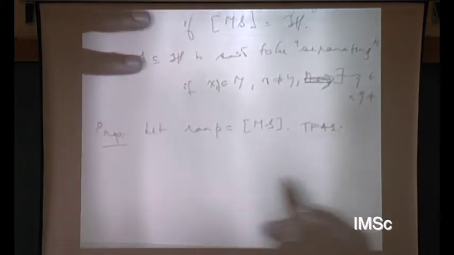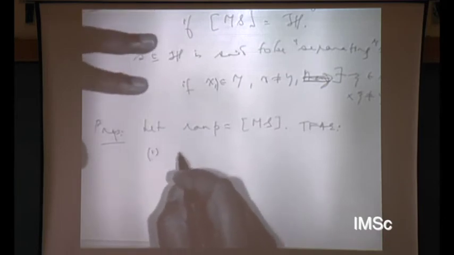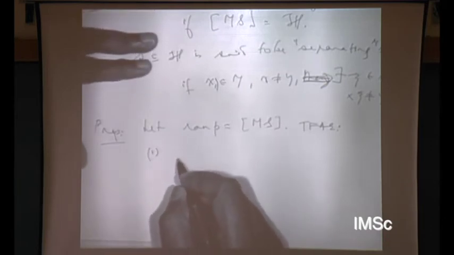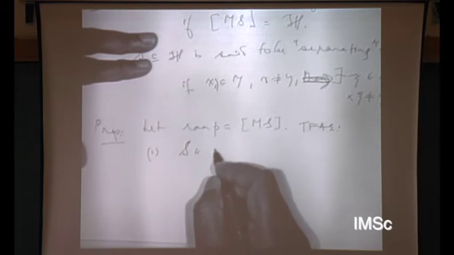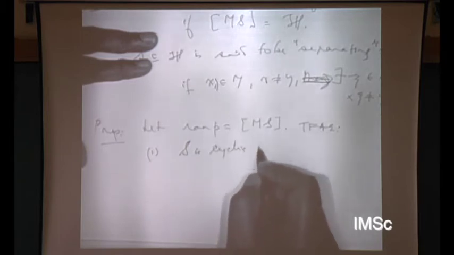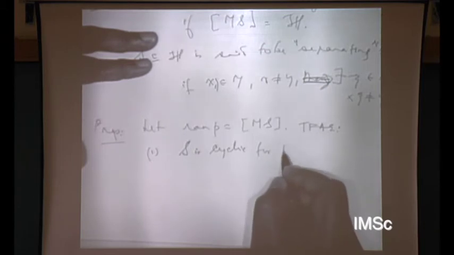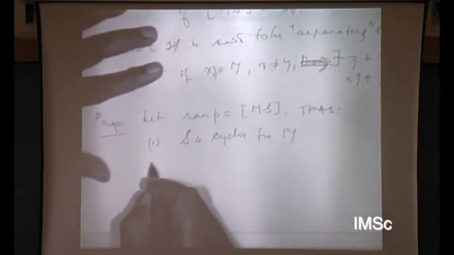In terms of this projection, first, S is cyclic for M. What does that mean?